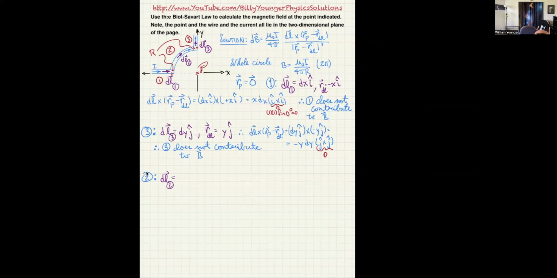I didn't write 1 on this one, and I didn't write 3 on this one either. But anyways, dL2 is going to be r d theta. Now, again, we're going to have to work out exactly what the direction of the vector is, but the direction of the vector can be treated this way.